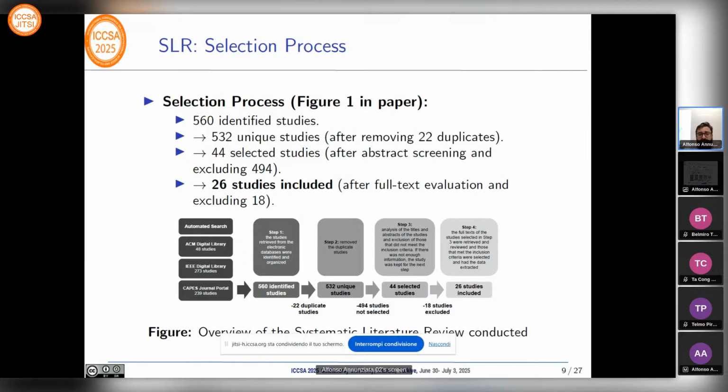So we stayed with 532. The second filter, after abstract screening, excluded another 494 studies. So we got 44 selected studies. And after a full text evaluation, we excluded another 18 and stayed with 26 studies. So at the end of our systematic review, we had 26 studies.